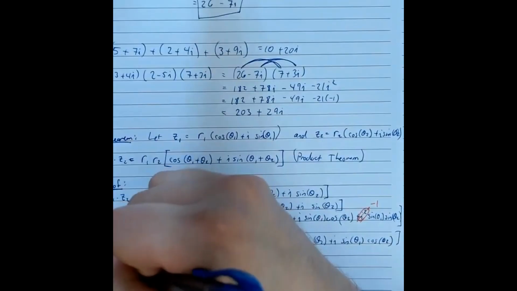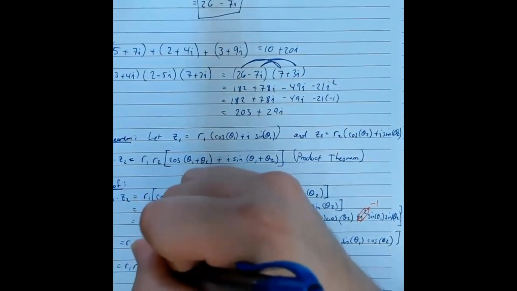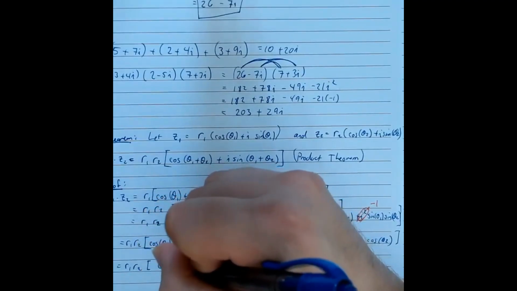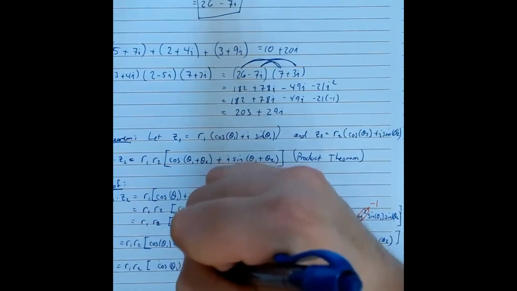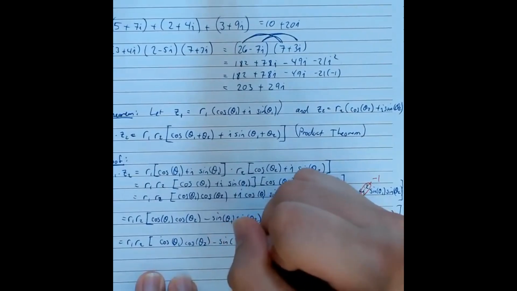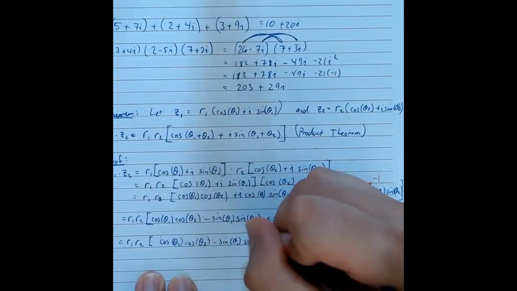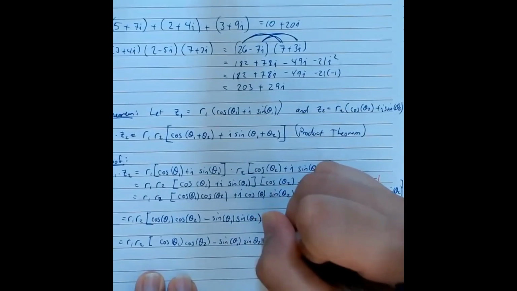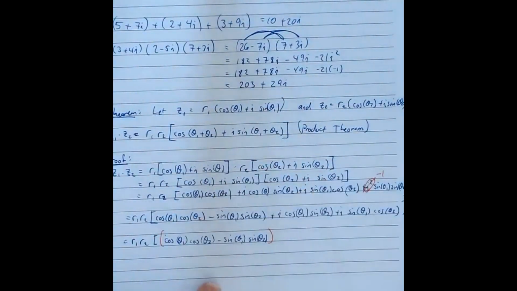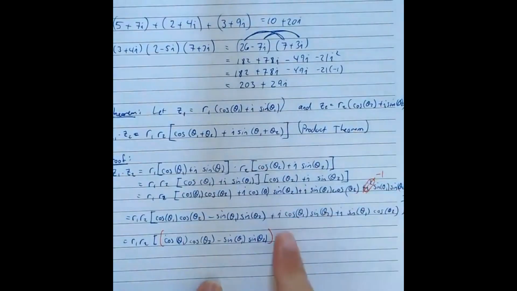So I can write this as r1 r2 times the cosine of theta 1 cosine of theta 2 minus sine of theta 1 sine of theta 2. And I'm going to go ahead and put that in parentheses. All of these are real, so let me go ahead and keep those together. And then plus, notice I have an i.